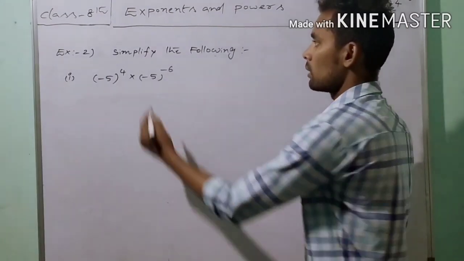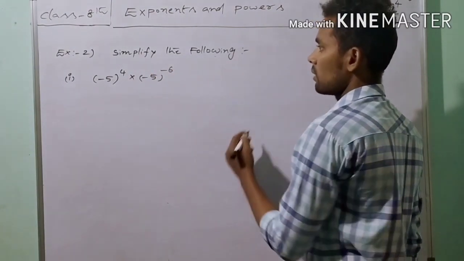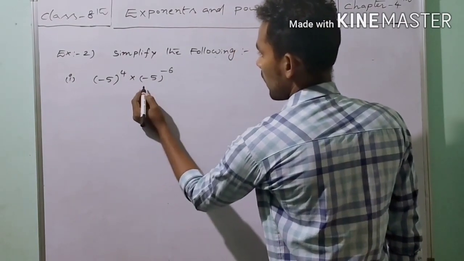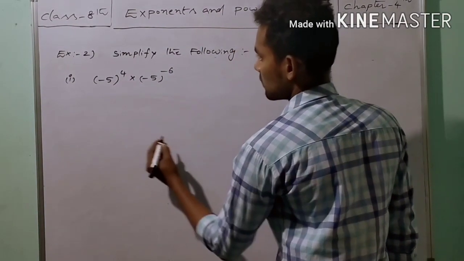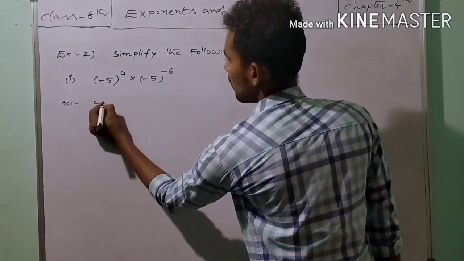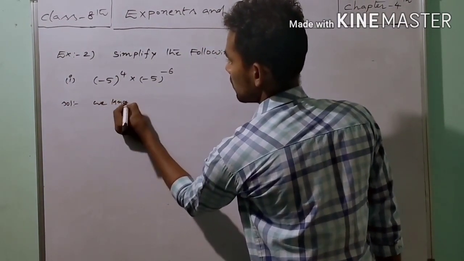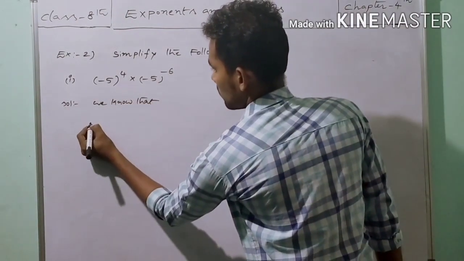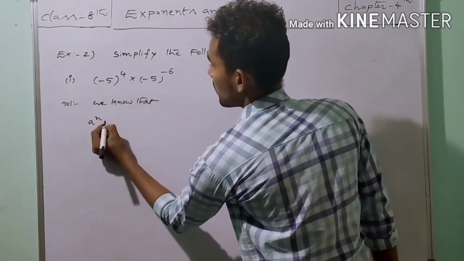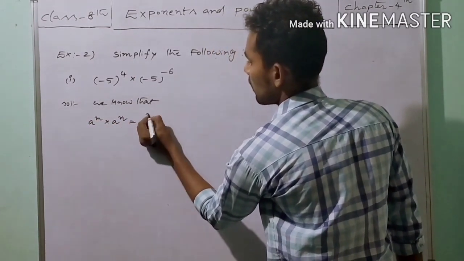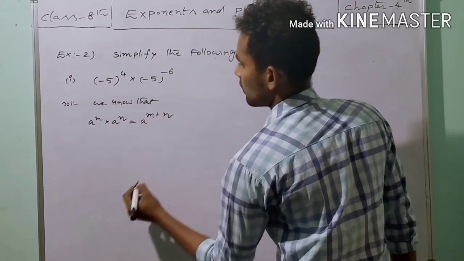Example 2. Simplify the following. First question: minus 5 whole power of 4 into minus 5 whole power of minus 6. Solution: we know that a power of m into a power of n equals a power of m plus n.